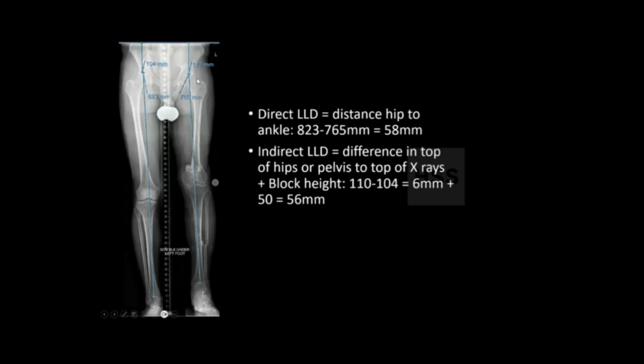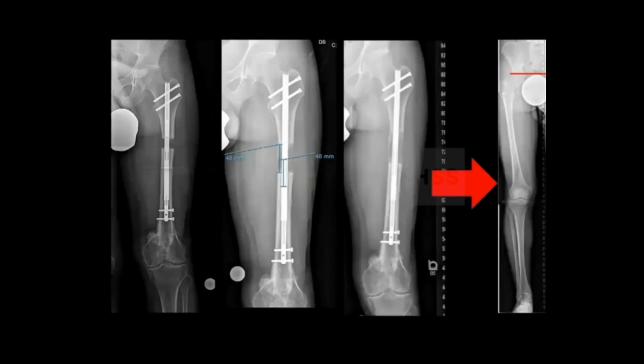So the difference is the block, which almost leveled them out, but you can see that the left side's still a little lower. The distance from the top of the x-ray is a little higher, and therefore we should have had a little bit bigger block. We were 6 millimeters off, so it's actually 56 millimeters. These two numbers are extremely close and essentially the same. It's probably measurement error. So we're going to say that he has a leg length discrepancy somewhere between 56 and 58 millimeters, and it's coming from his femur.